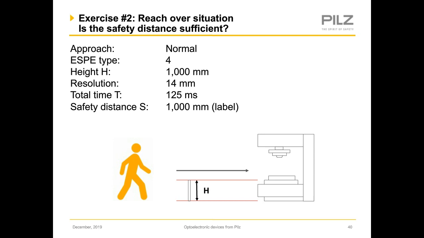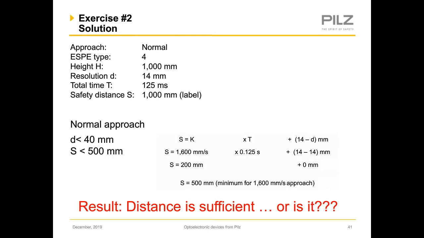So now is this sufficient or not? So we punch in our formula, and we will get the overall result of 200 millimeter, but we have this 1600 millimeter approach. 500 millimeter is the minimum anyway, but the label says 1,000.